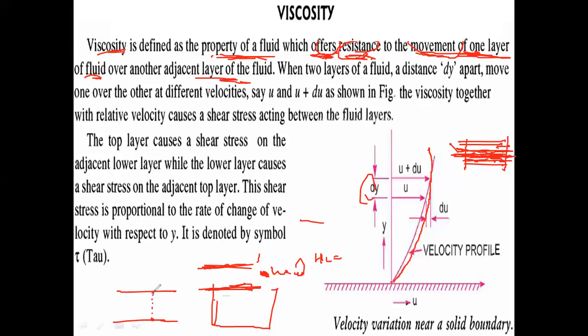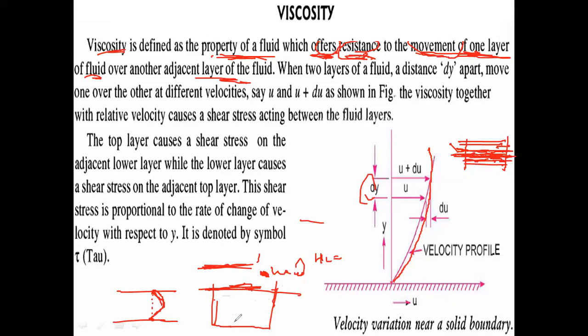You will observe that the velocity is parabolic in nature. Similarly, in the case of an open channel also, the velocity of the liquid flowing through it is not uniform.